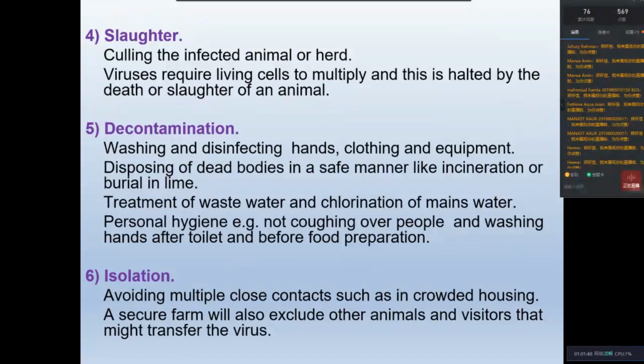And the best way against viral infection is vaccination. If there is some vaccine available, a simple shot of the vaccine can prevent further infection. That's the best way and the most efficient way and the most low-cost way to prevent virus infection.